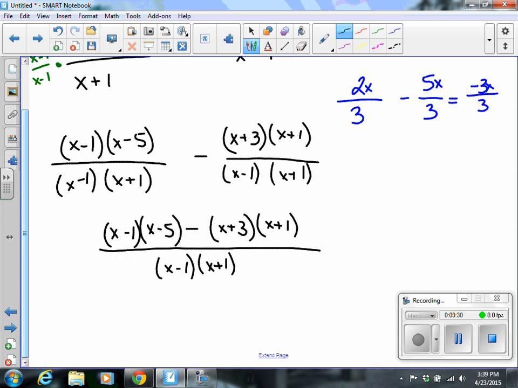Well, I don't necessarily see that right now because you need to distribute. So what you're going to do here is distribute this top part. Not the bottom part, just the top part.